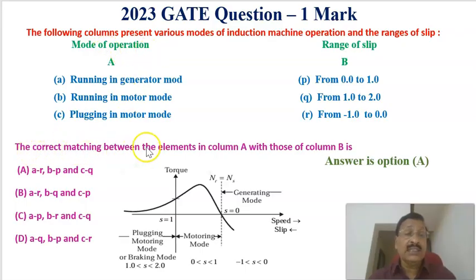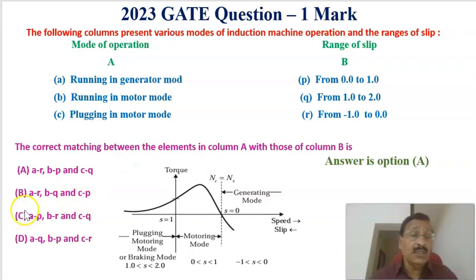What is the correct matching between the elements in column A and those of column B? The options are: option A, A is matched to R, B is matched to P, and C is Q. Option B, AR, BQ, and CP.